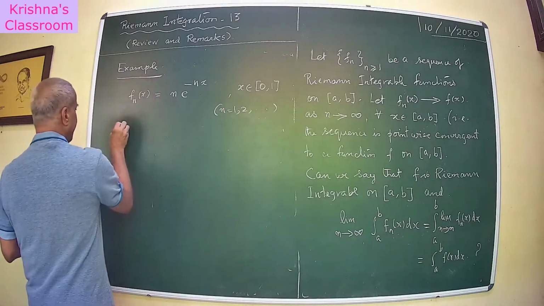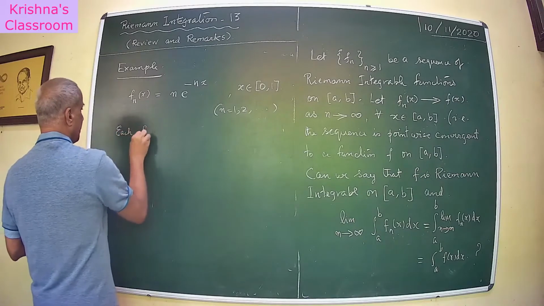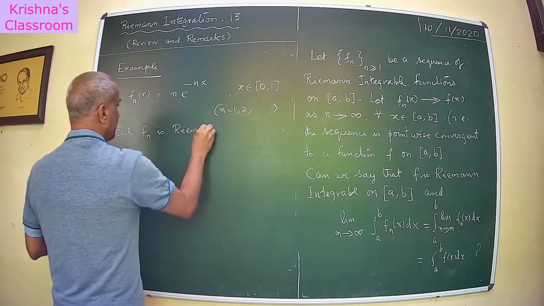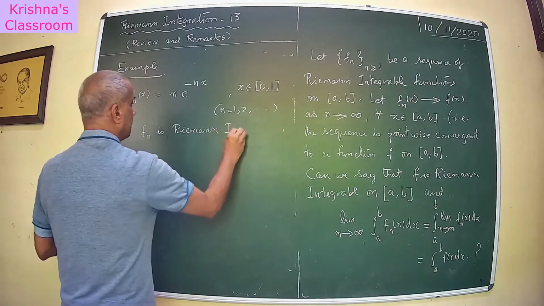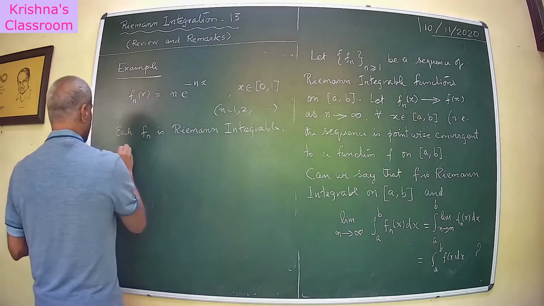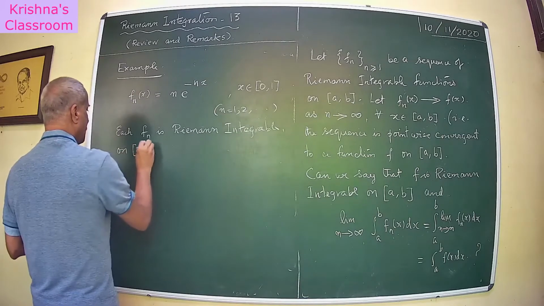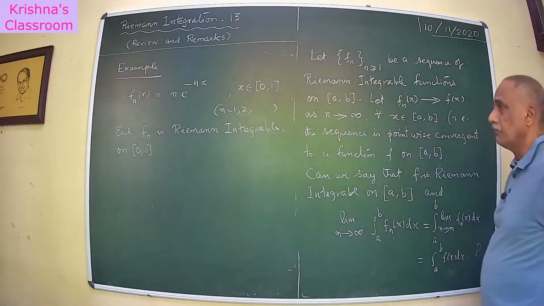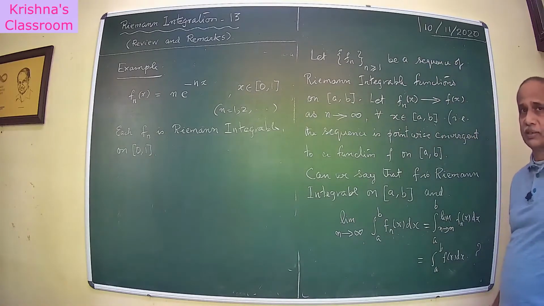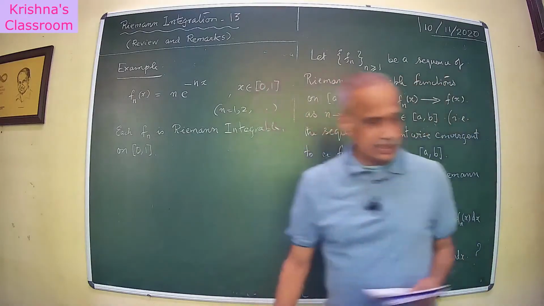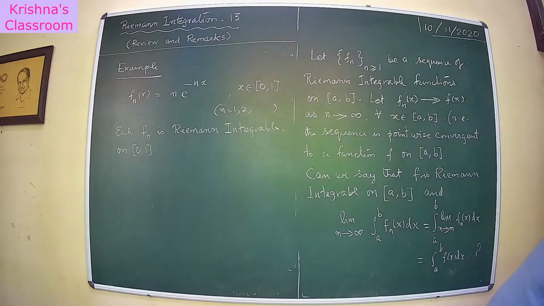Now each fn is integrable, because each such function is bounded by n. It's a bounded function. It's a continuous function on the interval [0, 1]. Therefore, it is Riemann integrable. One can easily get that they are all Riemann integrable.